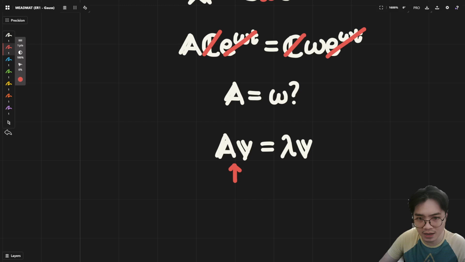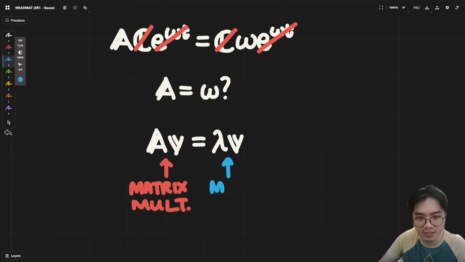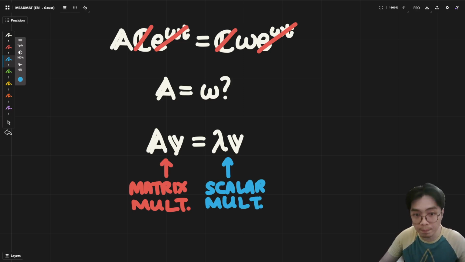This is scalar multiplication, and this is matrix multiplication. This lambda can achieve the same effect via scalar multiplication. So in essence, this is as close as a number is going to get to represent, quote unquote, a matrix.